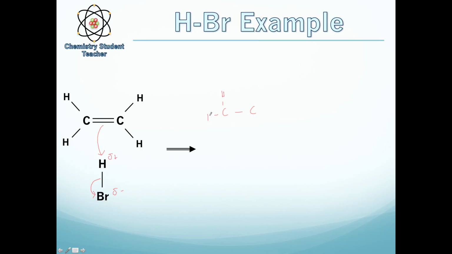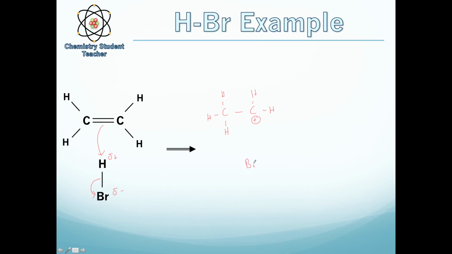Still got the H's remaining from the start, but a hydrogen comes in this time. So you have a hydrogen on there, and you have the carbocation on this carbon. Again, it could be the other way around. The hydrogen could add to this one, and the carbocation could be there because it's a symmetrical molecule.